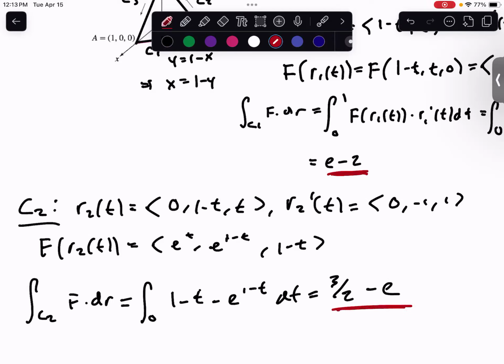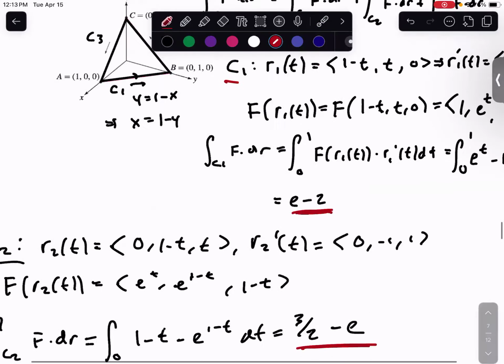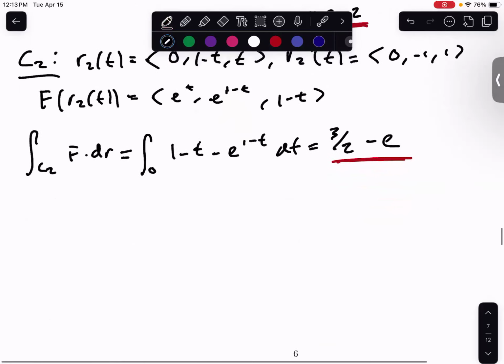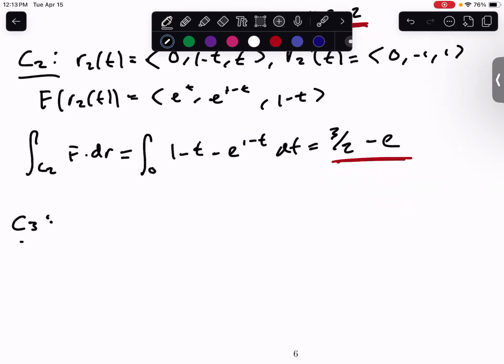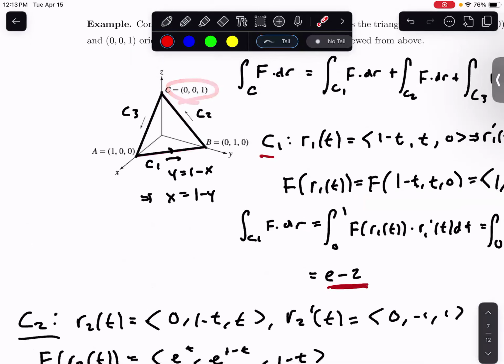So I'm going fast, but this is exactly what we just did, except with slightly different numbers. So if you can figure out the first part, you can figure out the second part, and you can also figure out the third part. The third part is telling us we're going from 0, 0, 1 to 1, 0, 0.